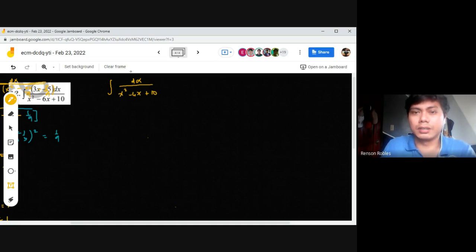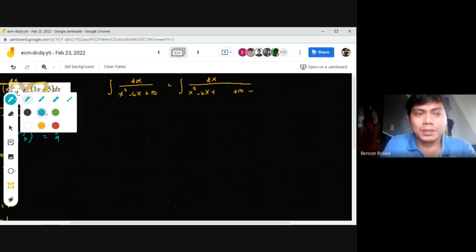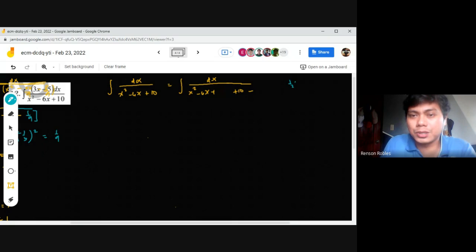Again, what you're going to do is complete the square: integral of dx all over x squared minus 6x plus, then plus 10 minus. What is to be added and what is to be subtracted? 1/2 of 6, that is what we add, then quantity squared. That would be 6 over 2, 3 squared, that's 9. So you add 9, you subtract 9.